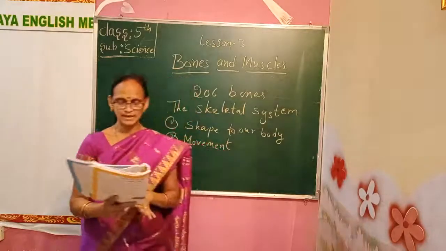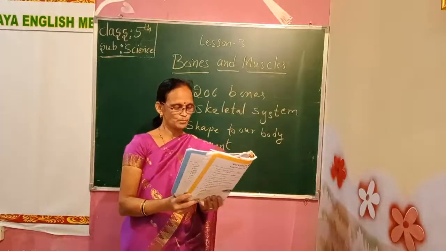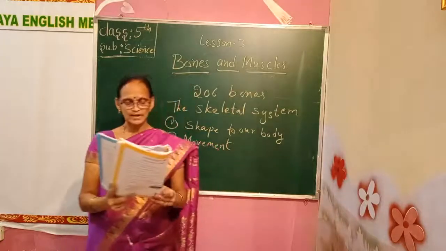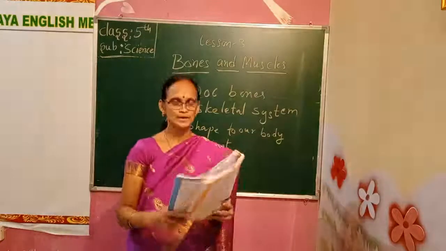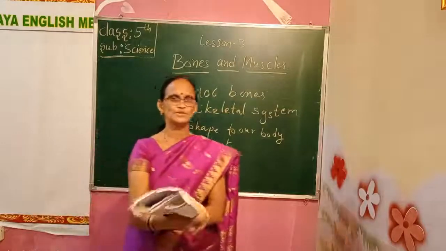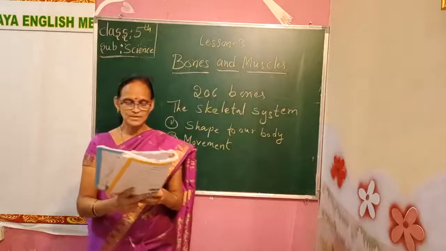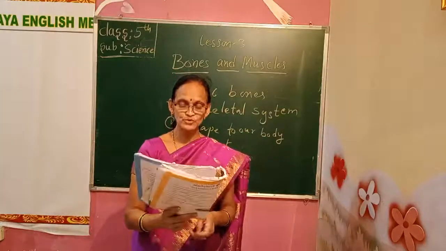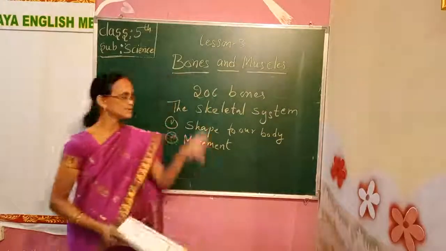Next, bones contain a substance called bone marrow inside them. Bone marrow produces blood cells. So what do bones contain? Bone contains bone marrow, in a narrow pipe-like bone. The bone marrow produces blood cells. So how many bones are there in our body?